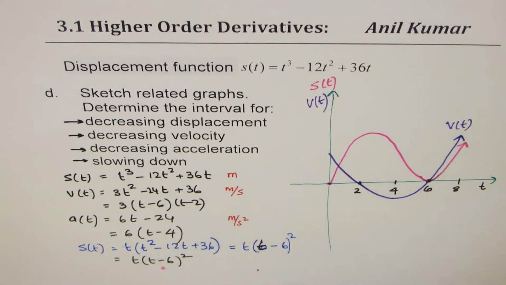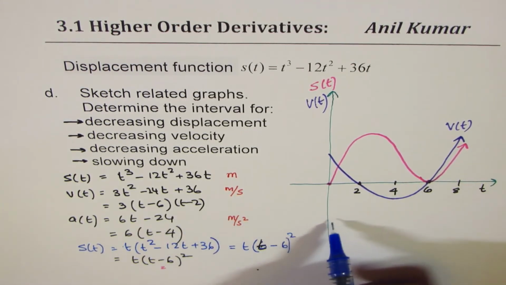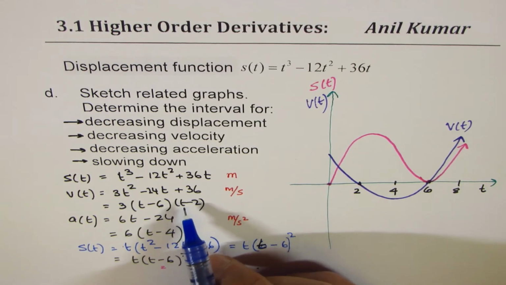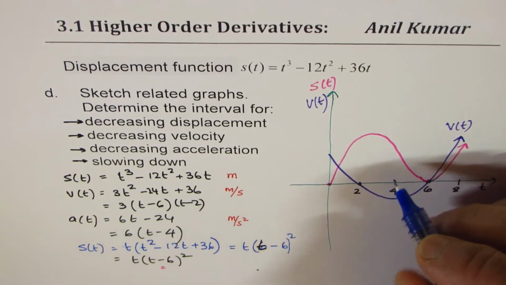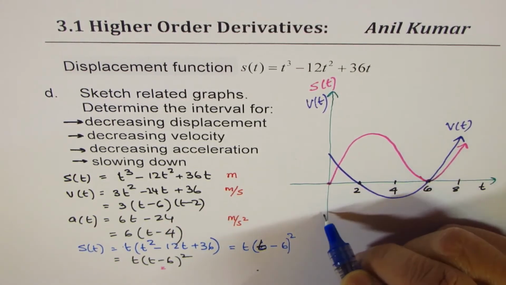Is it okay? Now let us sketch the third graph, which is a linear function for us, and it is acceleration. So minus 24 will be somewhere here, and we have a slope which is positive 6. So we can sketch this curve kind of like this.